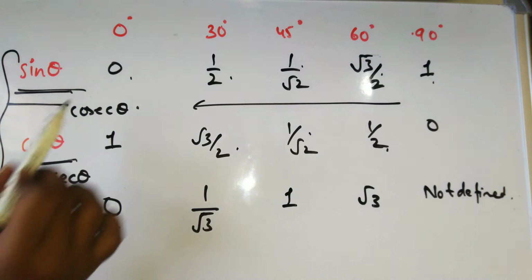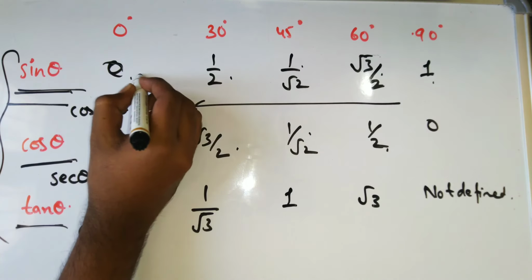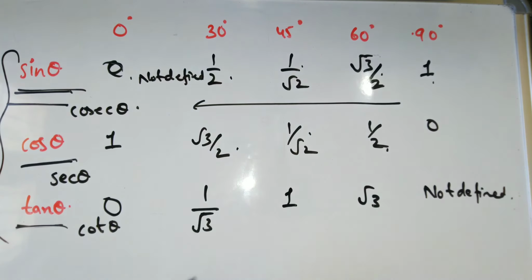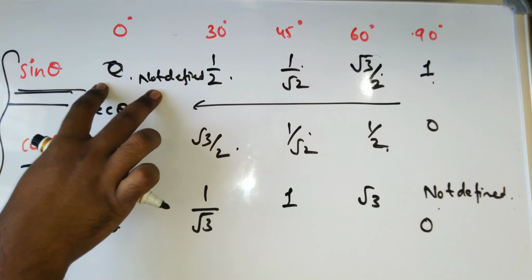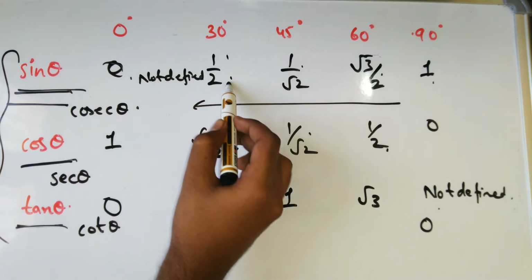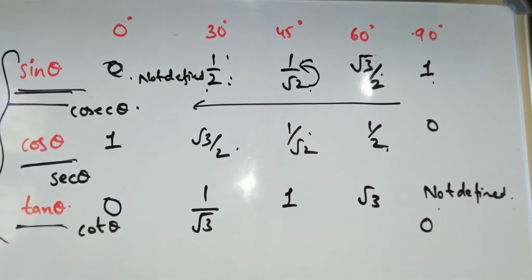That means if 0 is there, the reciprocal of 0 is not defined, and the reciprocal of not defined will be 0. 1 by 2 reciprocal will be 2. From here you just reverse it. That's it. So from this you will get all the 6 trigonometric ratios' values for the standard angles.